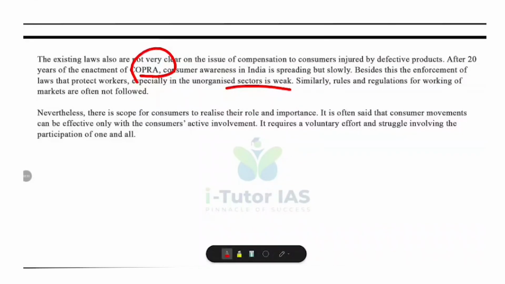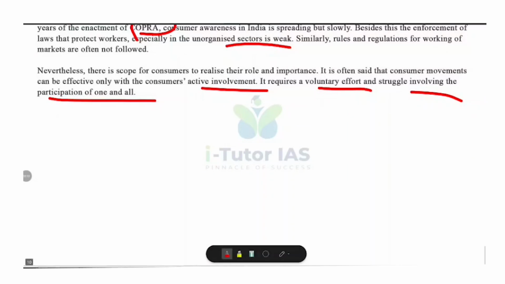Despite these challenges, there is great potential for consumers to recognize their roles and importance. It is often said that the consumer movement can succeed only with active involvement. Achieving this requires voluntary effort and a collective struggle involving the participation of all, one and all.